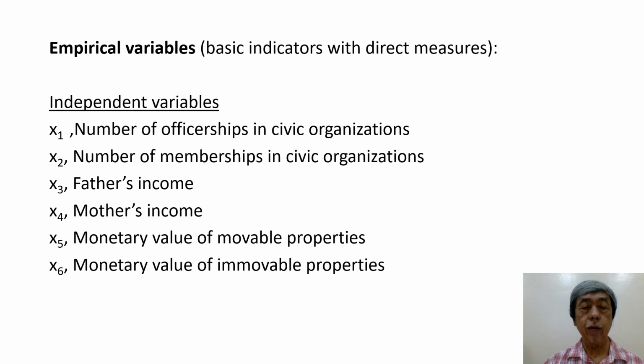The independent variables are number of officerships in civic organizations, number of memberships in civic organizations, father's income, mother's income, monetary value of movable properties, and monetary value of immovable properties.